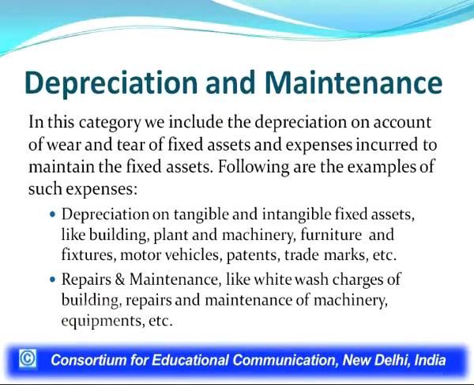Fixed assets may be building, plant and machinery, furniture, fixtures, motor vehicle, patents, trademarks. The depreciation charge on intangible assets is also known as amortization of intangible assets or goodwill.